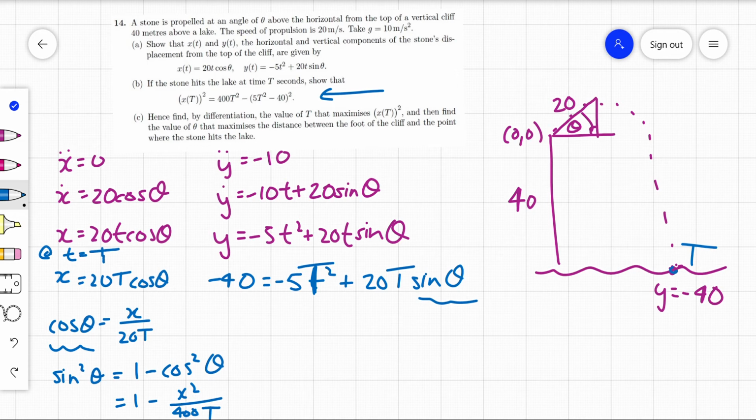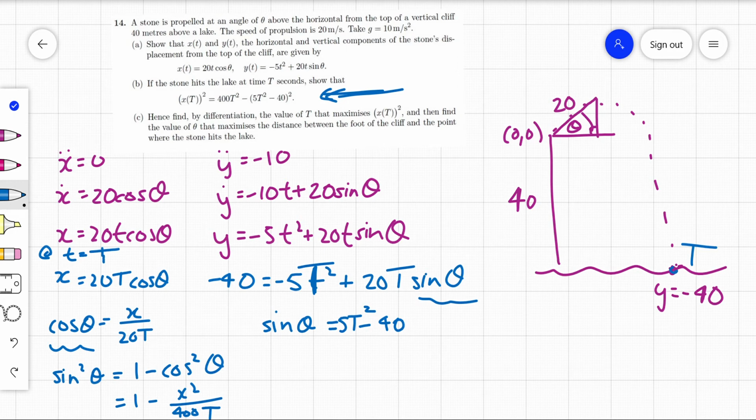So first of all, I was going to factorize, but you can see in the solution that they want that there's 400s, there's 5s, and there's minus 40s here, so I'm not going to factorize or simplify anything at the moment. All right, so making sine theta the subject, the first thing we would do is put the minus 5T squared over the other side.